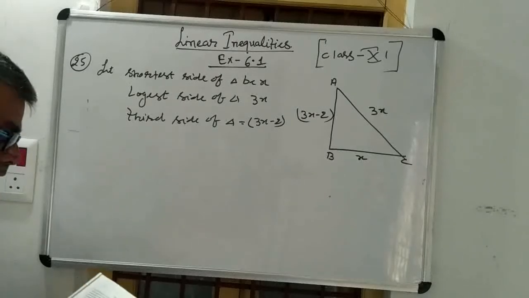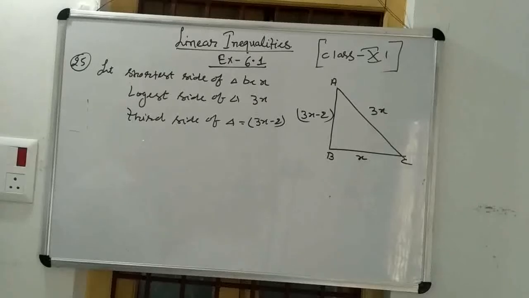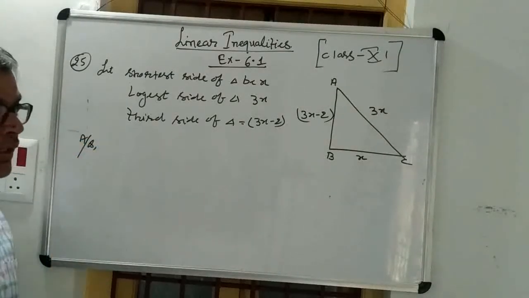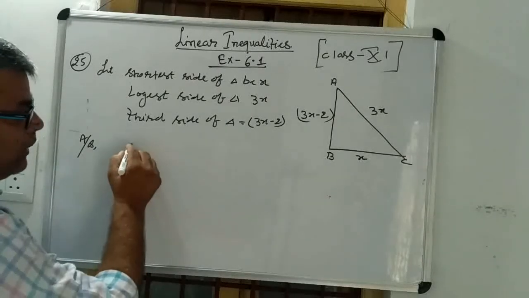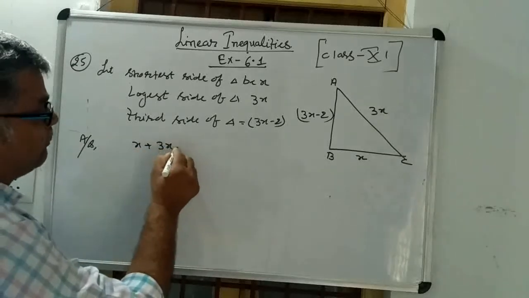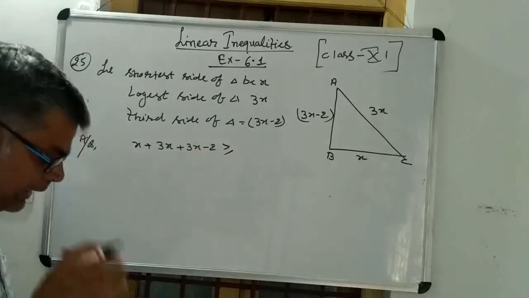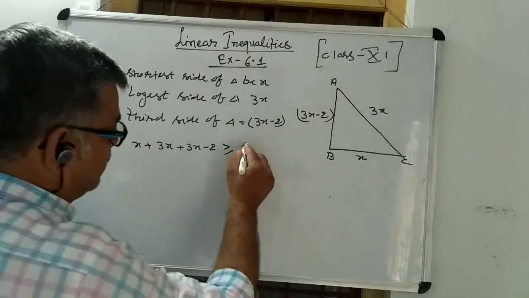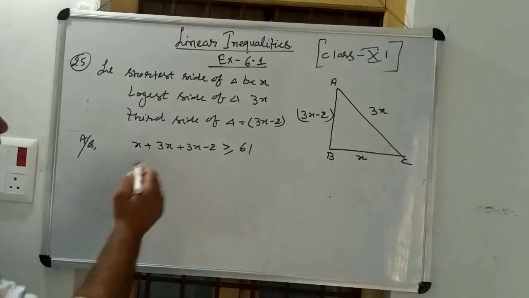Now the question is saying that the perimeter of the triangle is at least 61 centimeters, so apply the formula for the perimeter of a triangle. As you know, perimeter is the sum of all three sides of the triangle. So x plus 3x plus 3x minus 2, the perimeter is at least 61 centimeters, that is greater than or equal to 61. This is the inequality.